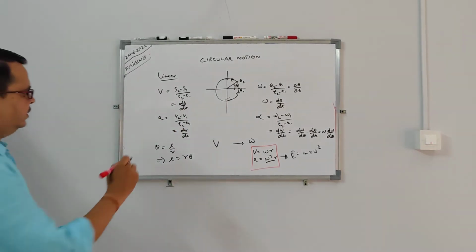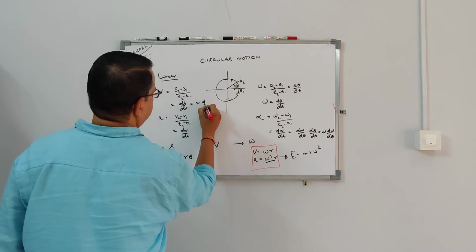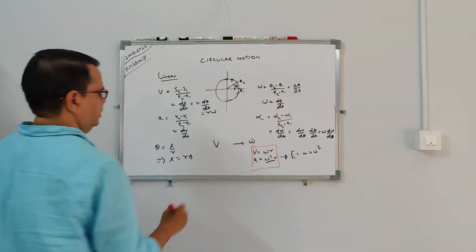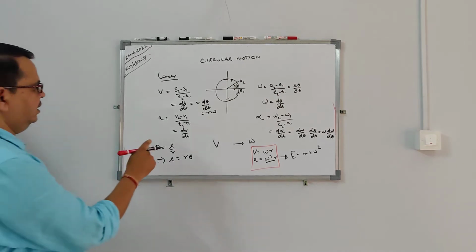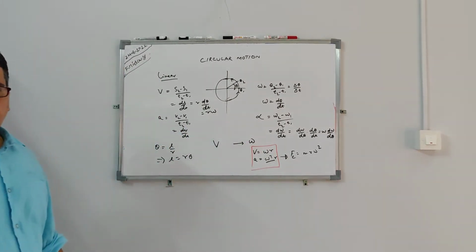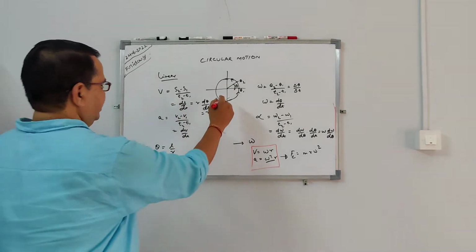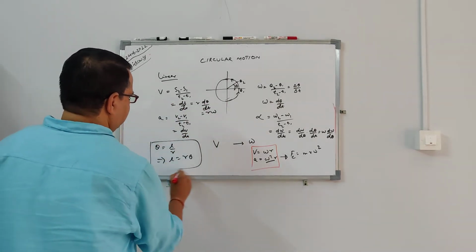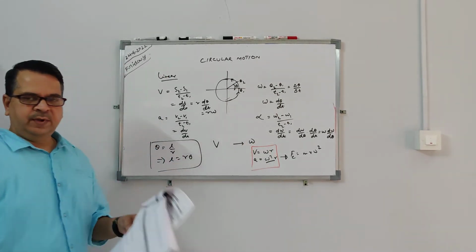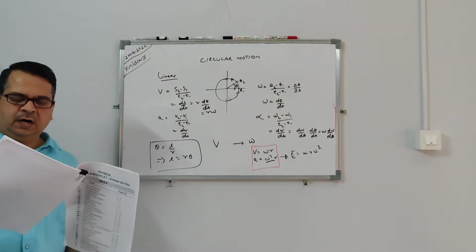So if you write it as r d theta by dt, this becomes r omega. The same thing for acceleration becomes r omega square. So from the relationship theta is equal to L by R, this is derived, and you have to remember that v is equal to r omega and a is equal to omega square r.